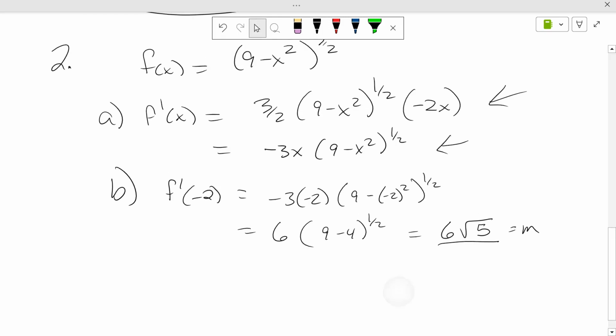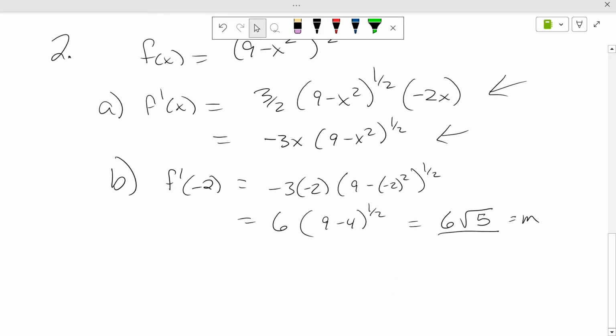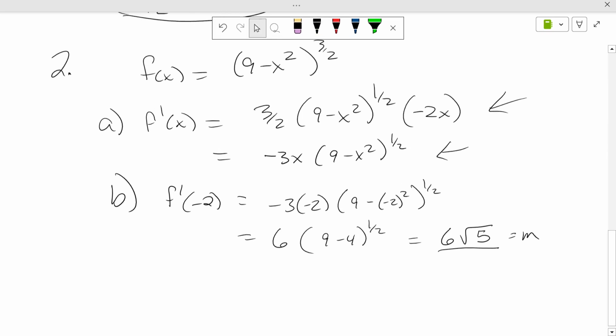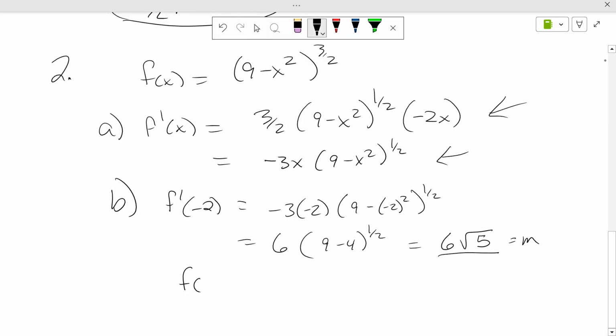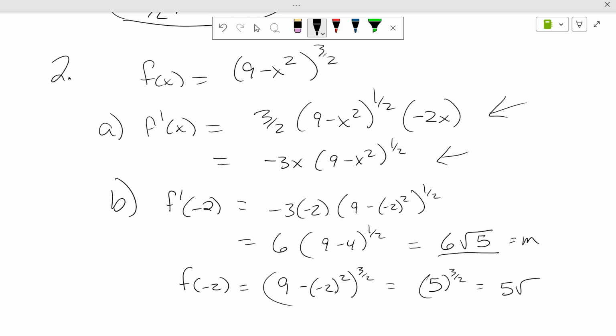That's a slope. Then you need to find the point. So then you had to find f of negative 2, which is 9 minus negative 2 squared to the 3/2 power, which is 5 to the 3/2 power, which is 125, and the square root of that is 5 square root of 5.